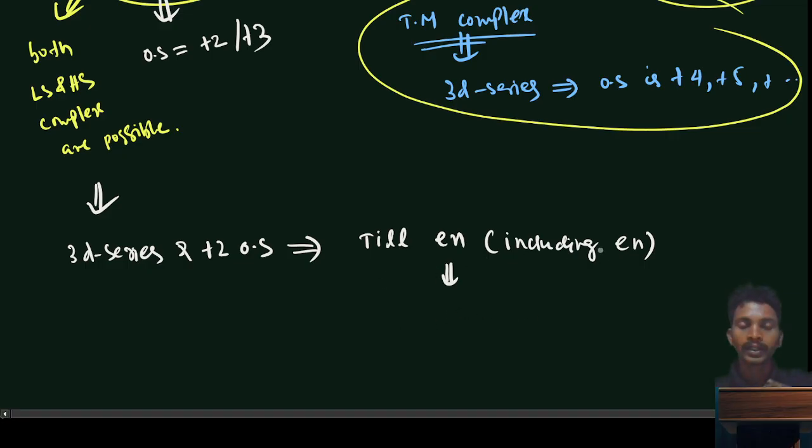They are weak field ligands, and high spin complexes will happen. So this is the first point for the 3D series with +2 oxidation state.